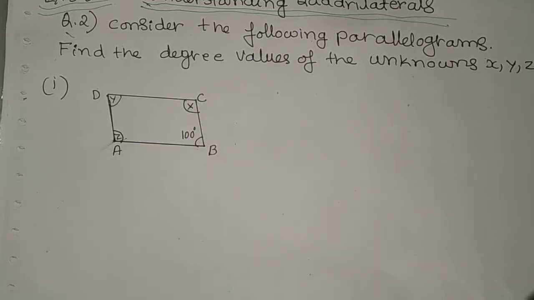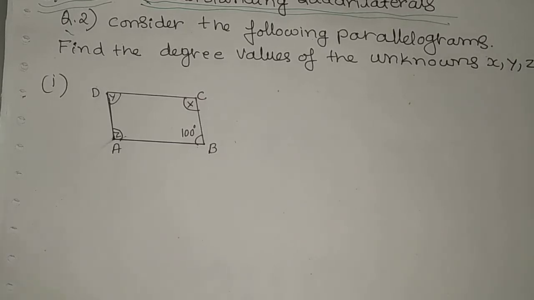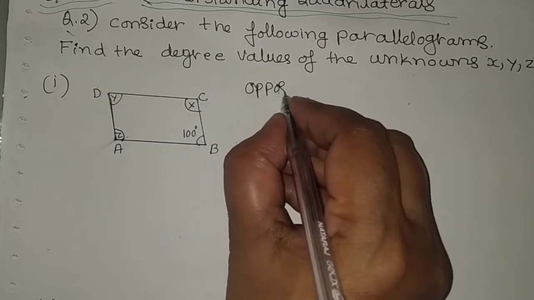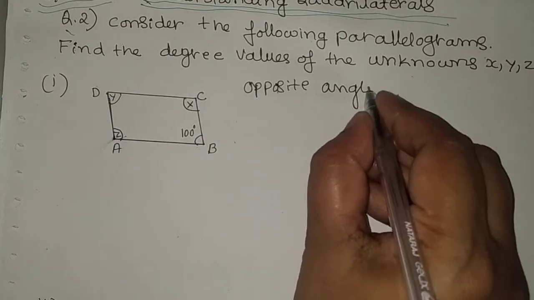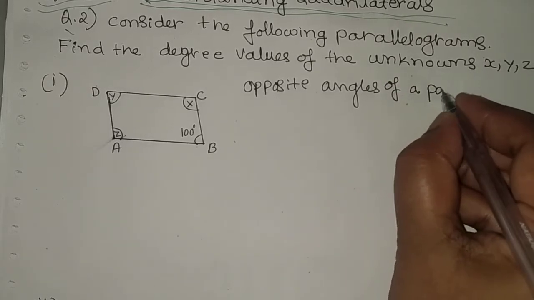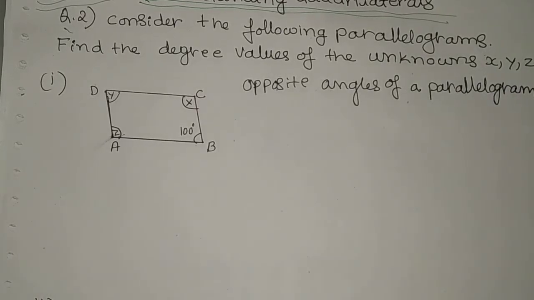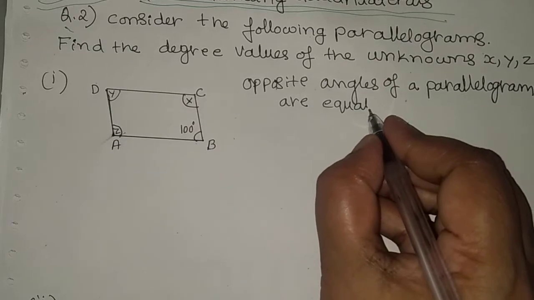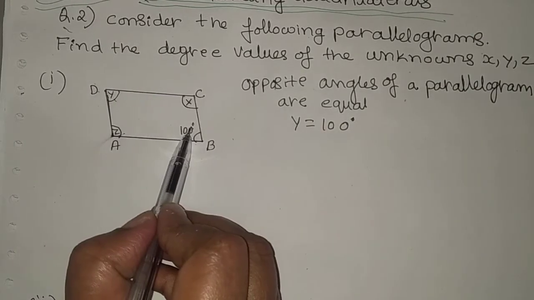First, we write y is equal to 100 degrees, because opposite angles of a parallelogram are equal. See here, opposite angle, so y is equal to 100 degrees.